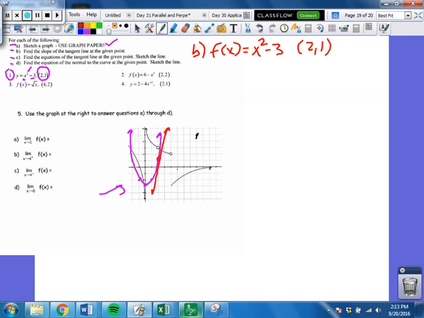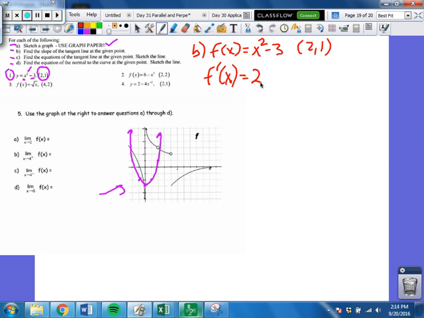I'm going to do that algebraically. I can sort of guess right now that it's really positive. Maybe it's positive 2, positive 3, positive 4. I don't really know. But I'm going to do it algebraically and figure out what the slope of that tangent line is.